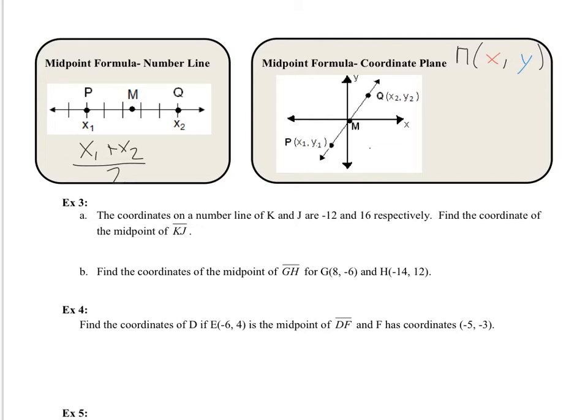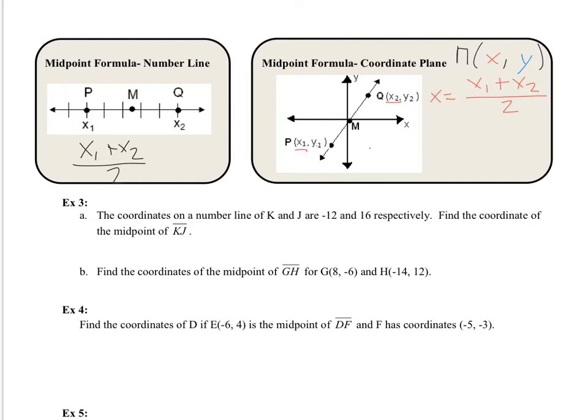So to find our x value, we are going to do what we did for the number line, except we're just going to look at the x's. So to find the midpoint x value, we're going to take the sum of x1 and x2 and divide that by 2.